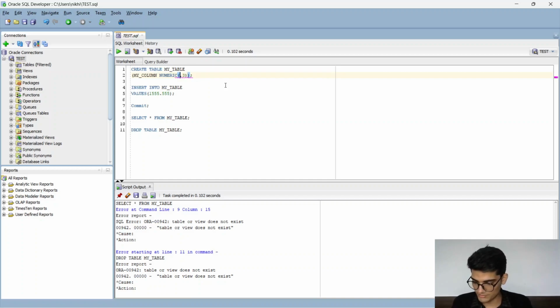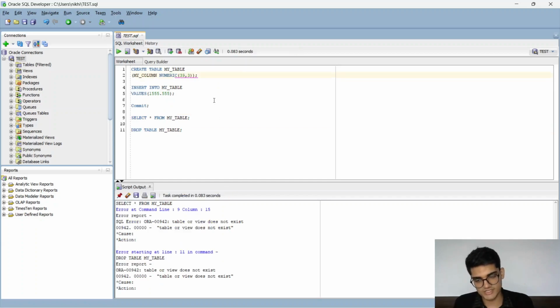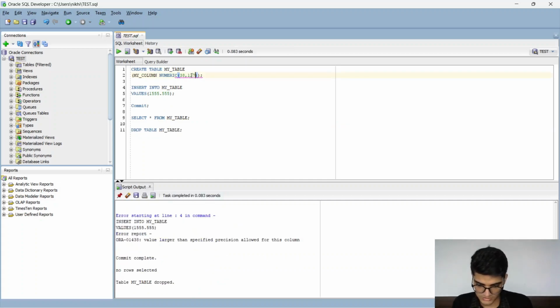So the limit for precision is 38. Okay, the range we can use for precision is 1 to 38. So the max we can use is 38. So it ran perfectly fine. And for 39 it will give us an error. So the range is 1 to 38 for precision, and for scale the range is minus 84 to 127. So we can store 127 here, no issue.